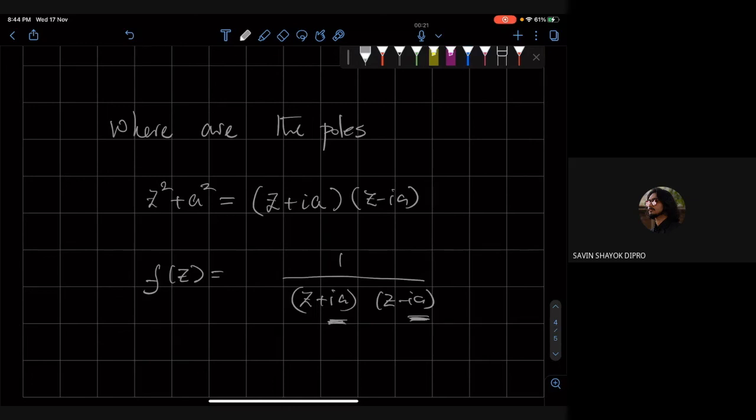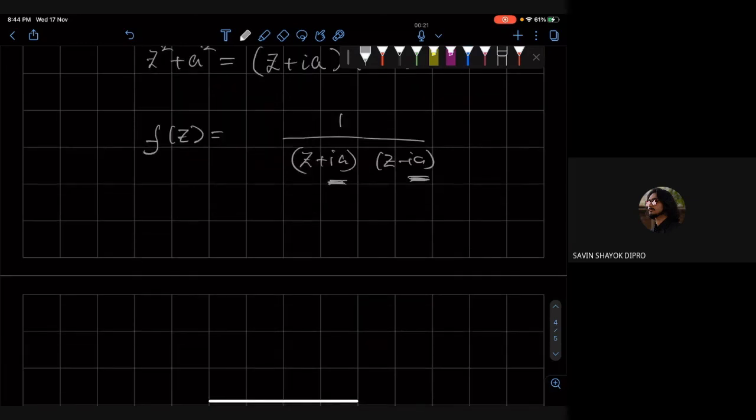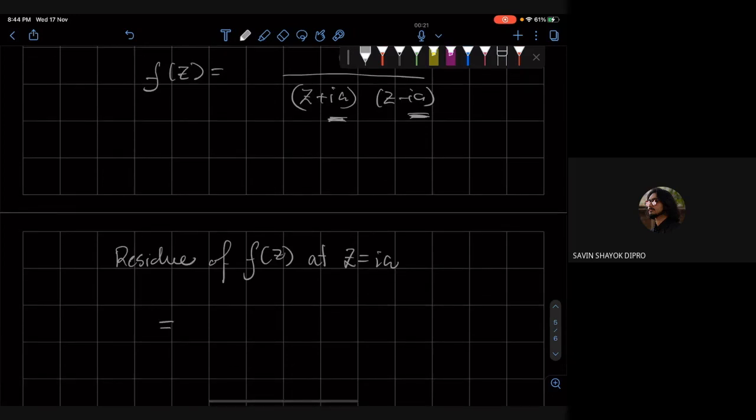Okay, so how do we find the residues? The residue of f of z at z equals ia is equal to the limit where z goes to ia of z minus ia times f of z.